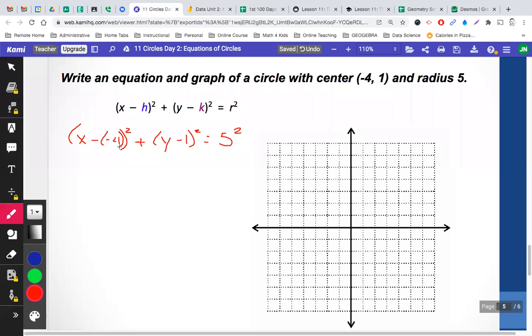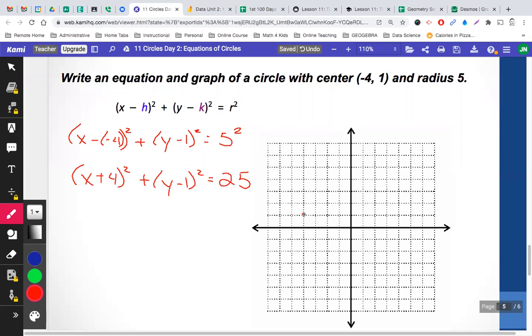Well, subtracting a -4 is like adding 4, so x plus 4 squared, y minus 1 squared equals 25. There we go. There's our standard form for this circle. Center at -4, 1. Radius of 5.